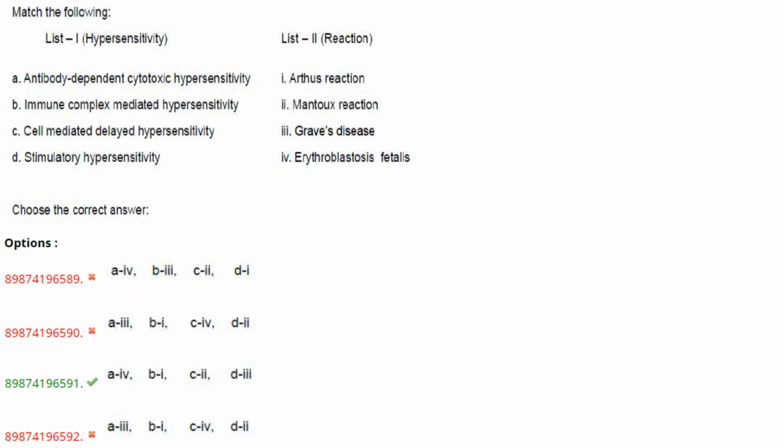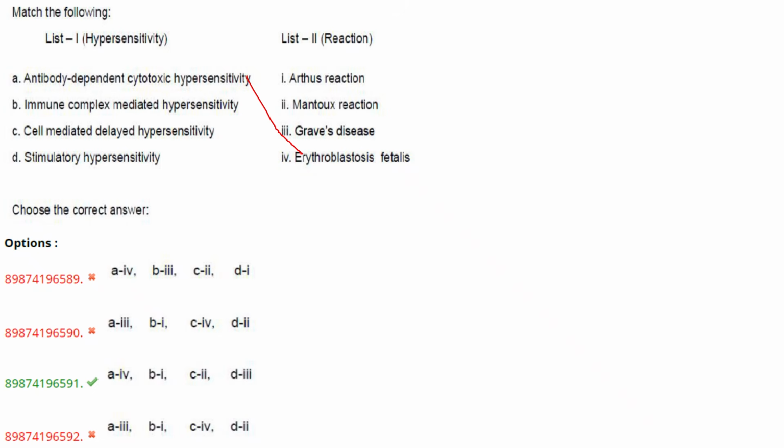So antibody dependent cytotoxic hypersensitivity. So here I can say the example is erythroblastosis fetalis, because maternal antibodies will start destroying the fetal red blood cells. So that is antibody dependent cytotoxic hypersensitivity.